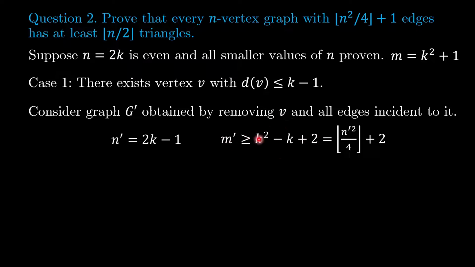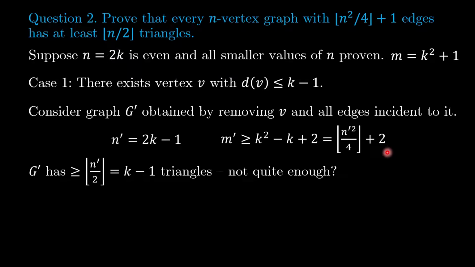And we check that this expression is equal to floor of n prime squared over 4 plus 2. So we can apply the induction hypothesis because this is obviously greater than the floor expression plus 1, right? So we conclude that G prime has at least k minus 1 triangles. But this is not quite enough because we needed to show that there are at least k triangles. So we are one triangle short.